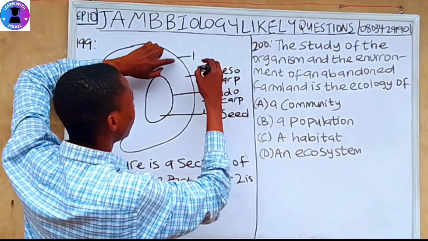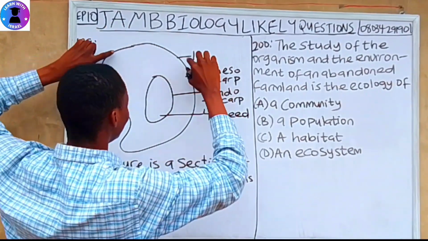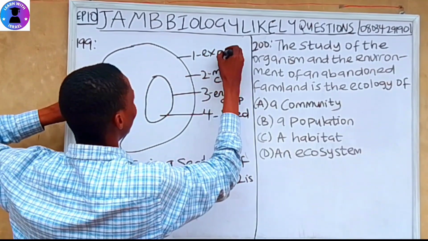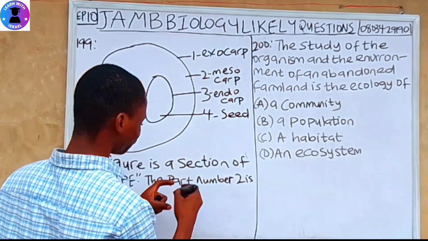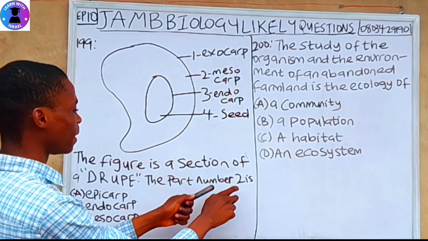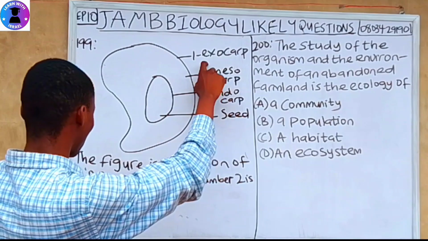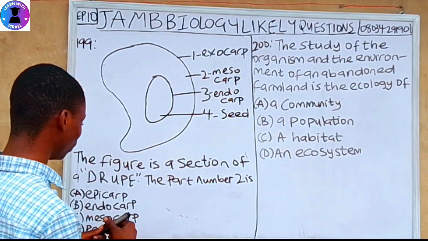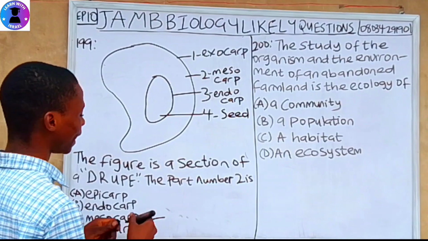Number 2 is the mesocarp, while the number 1, this lining here, is the exocarp. So guys, the part number 2 is mesocarp, and if you check, option C is where mesocarp is located. So option C is the correct answer.